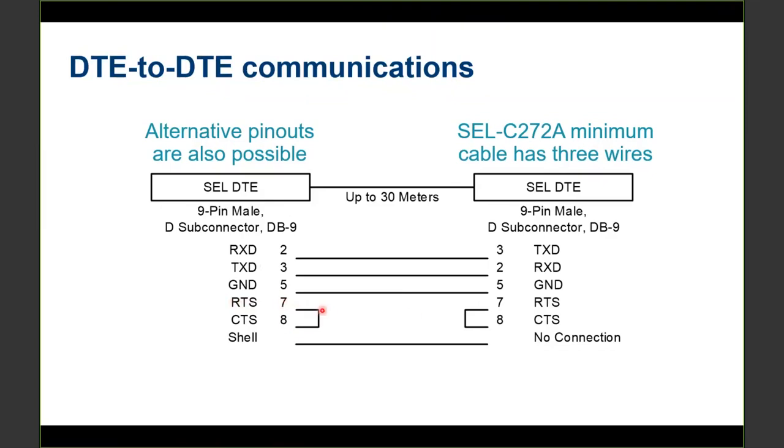Instead of this being wired all the way over here to the CTS pin and then it responding back with raising its own RTS pin, and then that raises the CTS pin here, what happens is its own request is basically looped back on itself, and it says, you're clear to send right away. And so what you've done with this cable, without any settings, you've basically disabled hardware handshaking.